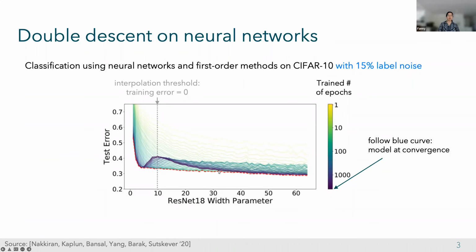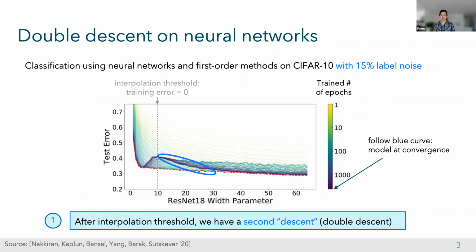So the error on the test set is decreasing as we increase the flexibility and the width of the model. This is perhaps surprising to start with, because you already have perfect flexibility to fit noisy data at width 10, but if you increase it even more, then you get better test performance. This is what we sometimes call double descent. For neural networks here, what we want to focus on is the second descent, and we don't care about the first descent.